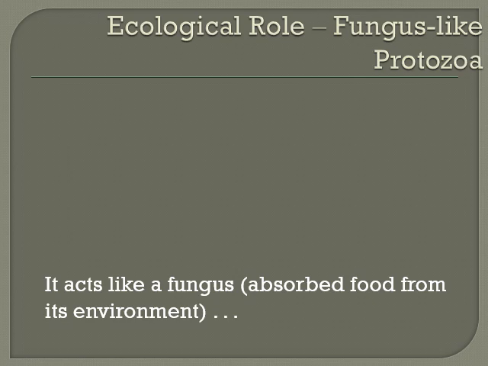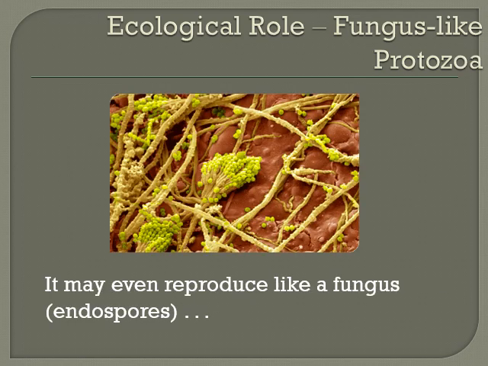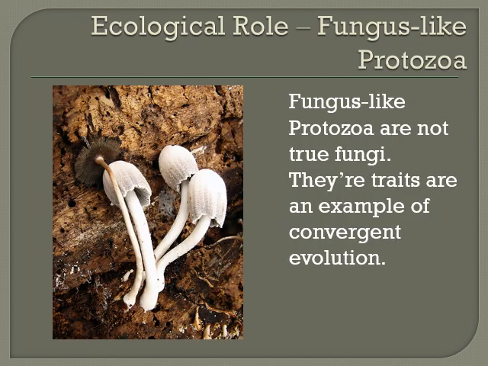They pull it in directly across their cell walls or cell membranes. So they look like a fungus, they act like a fungus, and they can reproduce like a fungus. They might create spores like fungus do. So it looks like it, acts like it, reproduces like it, but it's not a true fungus.